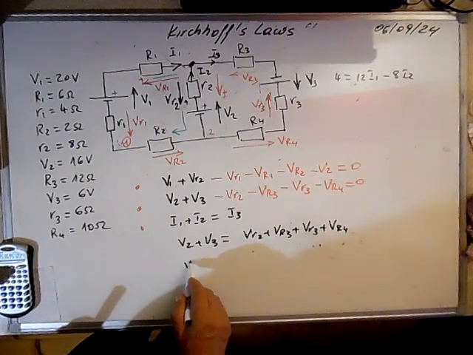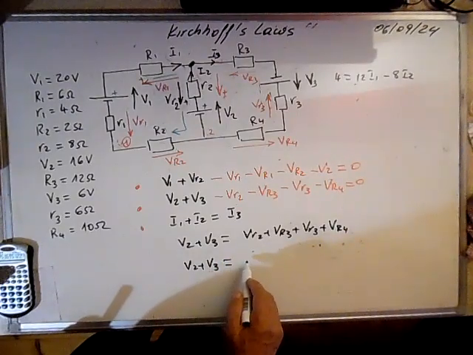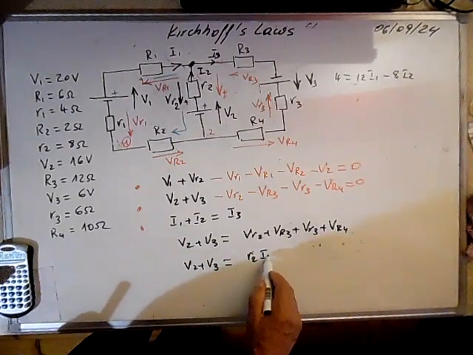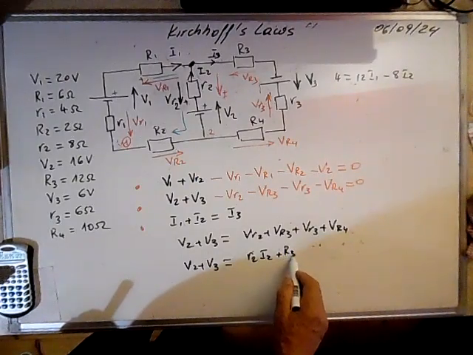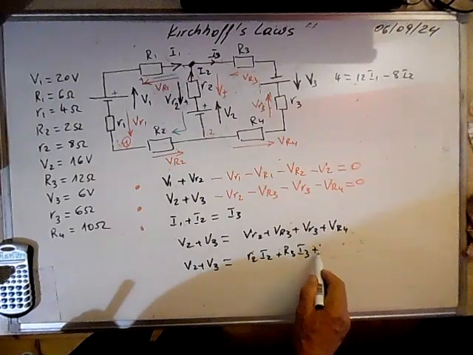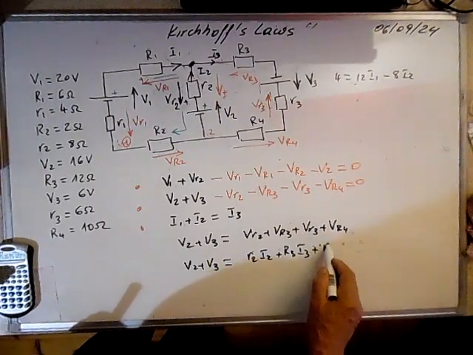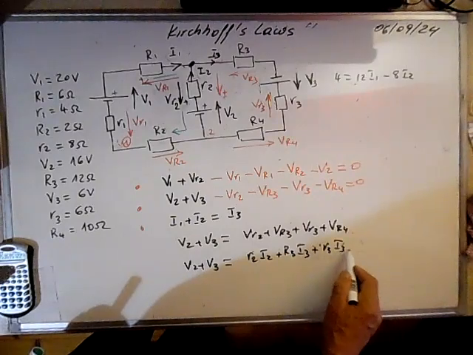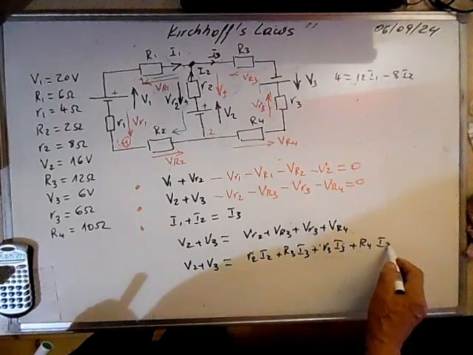So it means V2 plus V3 is equal to R2 I2 plus R3 I3 plus R3 I3 plus R4 I3.